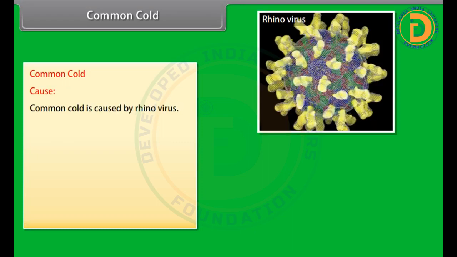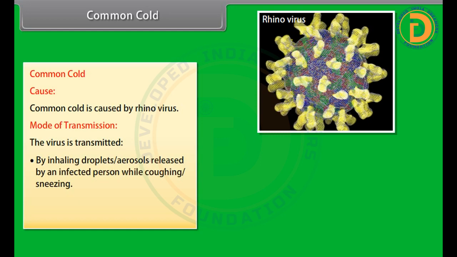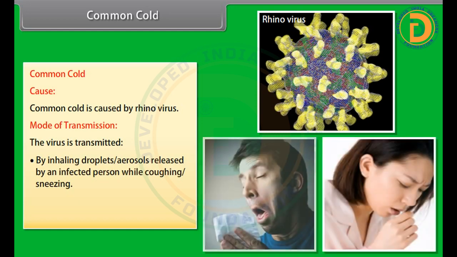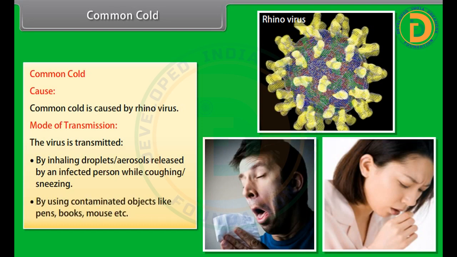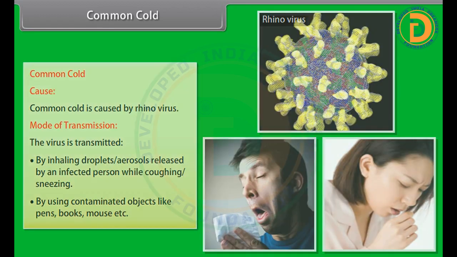Common cold. Cause. Common cold is caused by rhinovirus. Mode of transmission. The virus is transmitted by inhaling droplets and aerosols released by an infected person while coughing or sneezing, or by using contaminated objects like pens, books, mouse, etc. Mechanism of action.